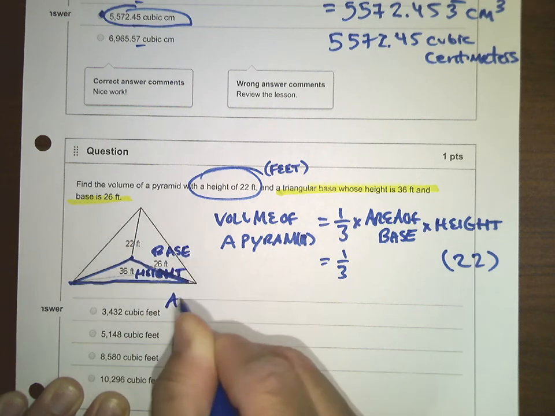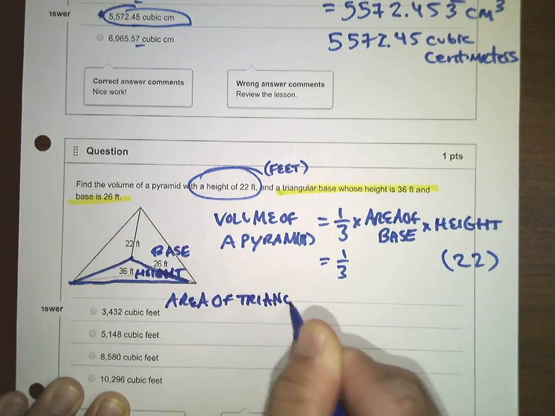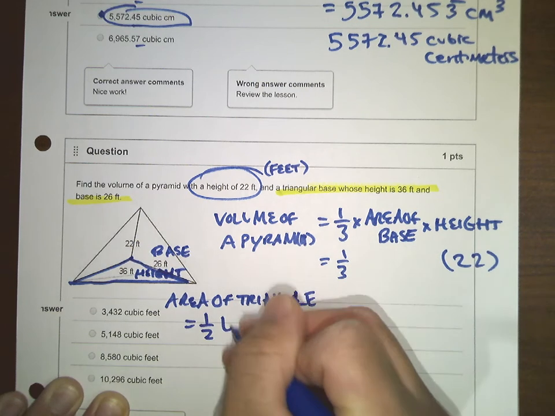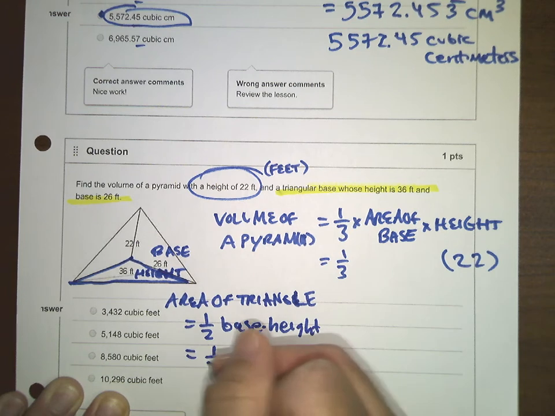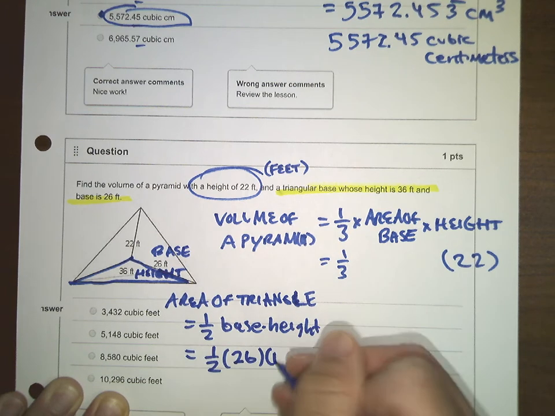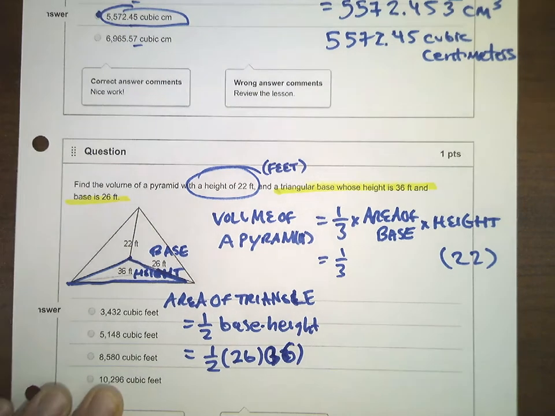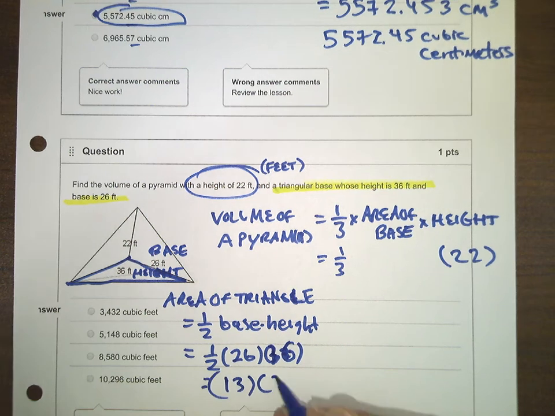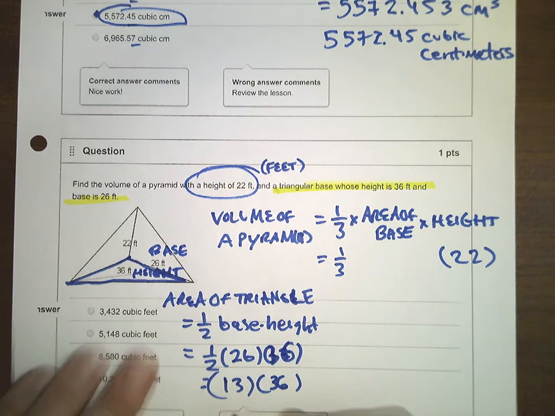So the area of a triangle is going to be 1/2 base times height. So that will be 1/2 times 26 times 36. And the half times 26 is 13. And then times 36, so 13 times 36, that will be 468.